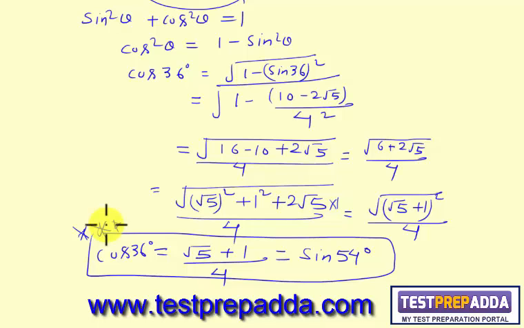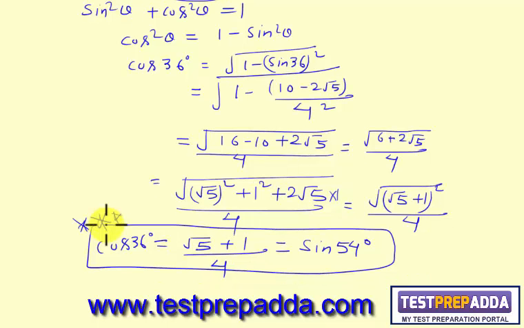So we can find tan 18 degree, cot 18 degree, similarly tan 36 degree, cot 36 degree, tan 54 degree, cot 54 degree, tan 72 degree, cot 72 degree.